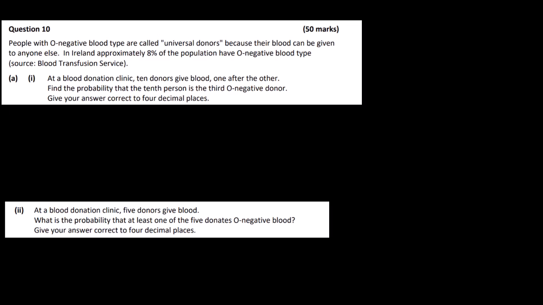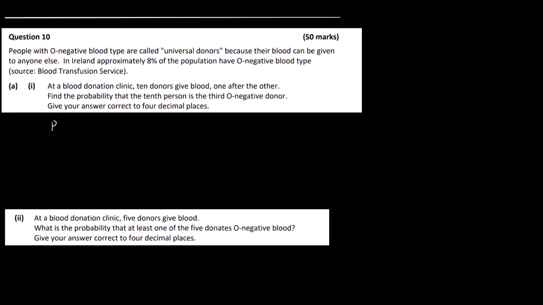Okay, so this is a Bernoulli trial again. It's an extended version of the Bernoulli trial. So let's just write down our probabilities here. The probability of being O negative is 0.08.